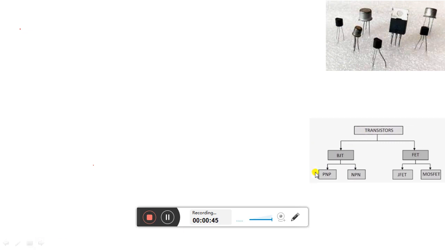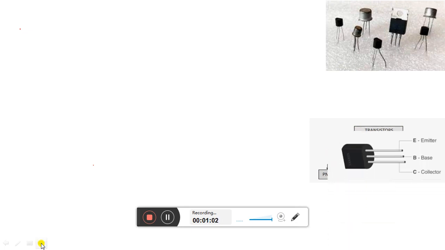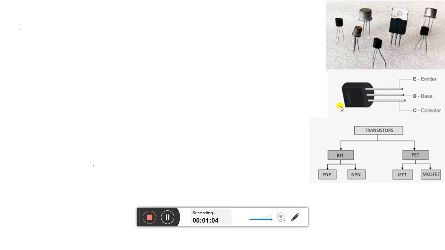Here you will see various types of transistors which we will discuss later on. And here you can see another picture showing the various parts of a transistor.